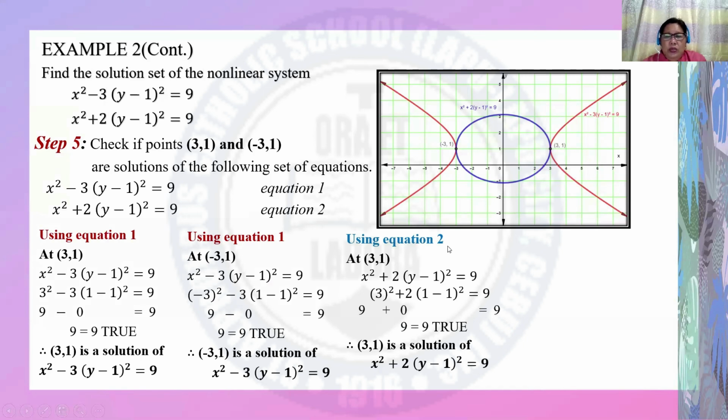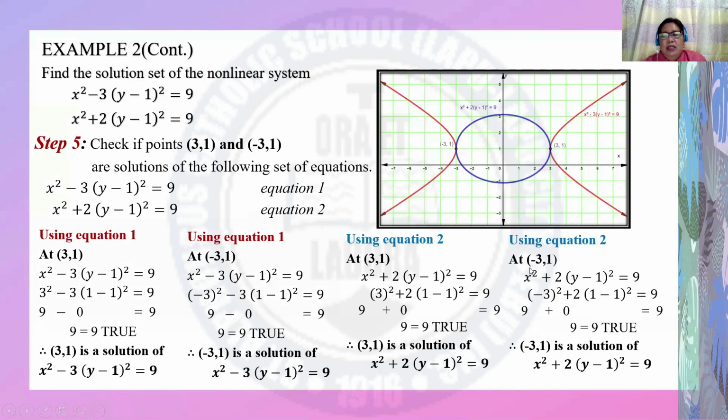Using equation 2 at 3, 1, when you substitute 3 to x and 1 to y, it will still give you a true statement. Therefore, the point with coordinates 3, 1 is a solution of the second equation. And still at negative 3, 1, when you substitute, it will still give you a true statement.